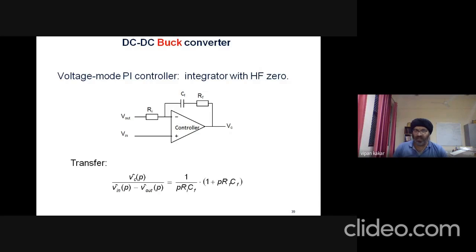So if we take the transfer function of this circuit, whose input is the difference between input and output, shown here, and at the output we get a control signal over here, the transfer function comes out to be this one.